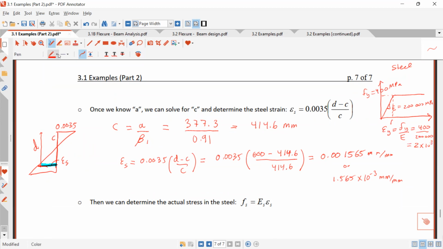So does it make sense what we just calculated? It makes sense, right? The yield strain is 2 times 10 to the minus 3. So we're below that. That makes sense.